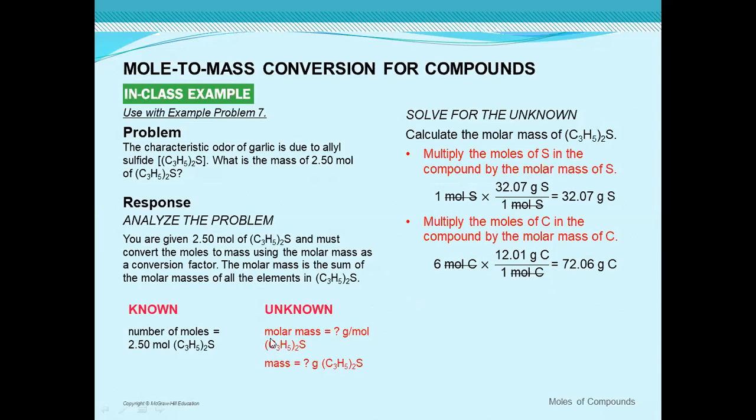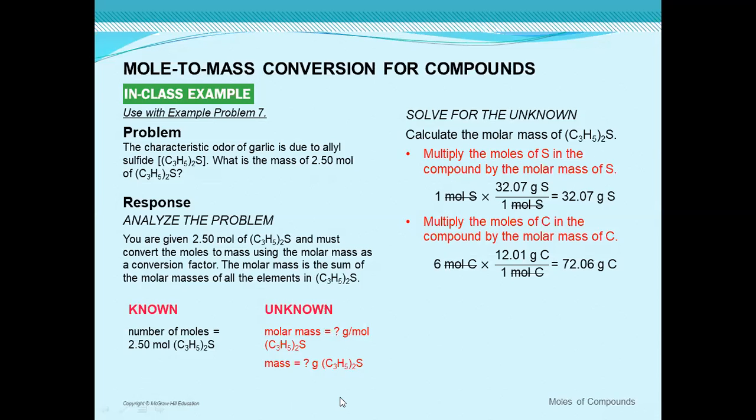According to hydrogen, who can guess how we can get the number of moles of hydrogen? By the same way. What is the number of moles of hydrogen only from this compound?